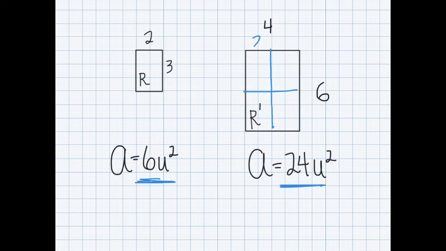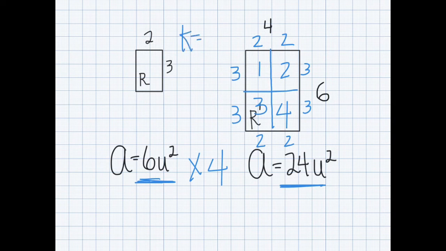So we can say 2 by 3, and it looks like we fit 4 sets of it. 1, 2, 3, 4. So this makes the new area 4 times the original area. But why is it 4 times larger if our scale factor was 2?